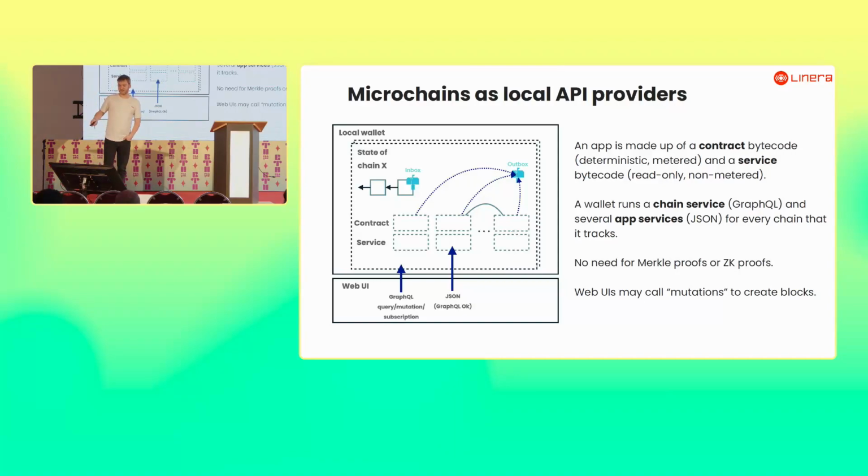Another side benefit of that, by the way, is that when you want to create a block, you can just say, hey, I want to initiate, this is what I want to do. I want to transfer assets, or I want to make a move in my chess game, or something like that. And the web UI is going to make that intent visible by making a GraphQL mutation. And the wallet can actually create a block for you that corresponds to your intention. So that solves the problem of visualization that is very hard to use in normal wallets.